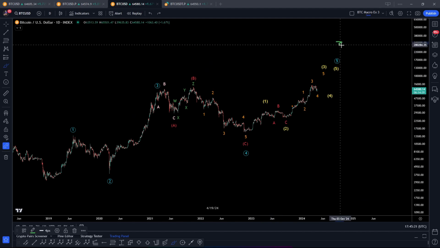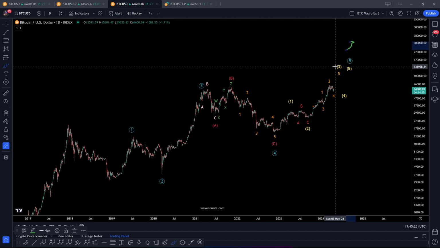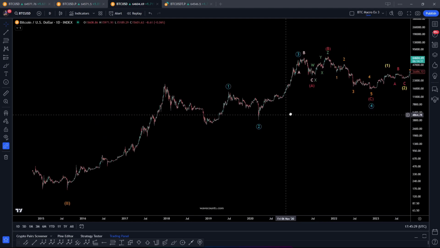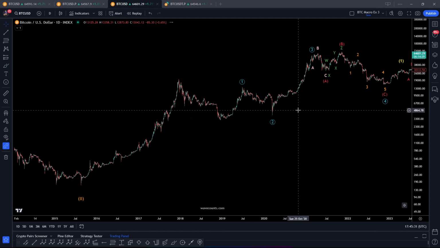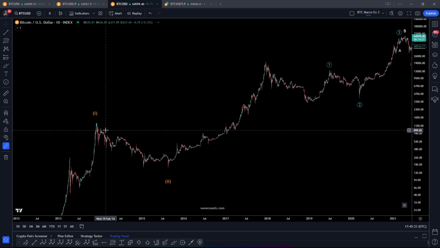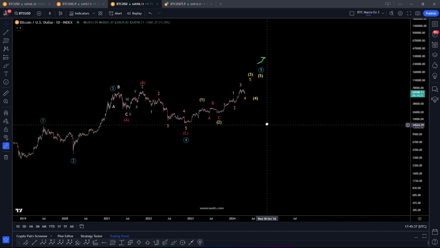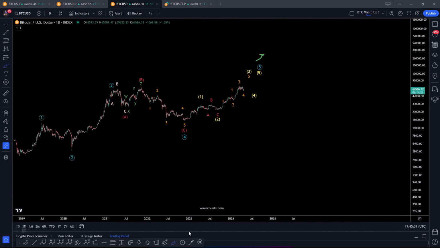If this is a 3 and you're looking to put in a 4, okay, what would your alternation be? Well, you go back and you look at what your 2 was. And you can see your 2 was zigzag family, so you would expect your 4 to be sharp. So if that's the case, and this ended up here, you expect this to be sideways.